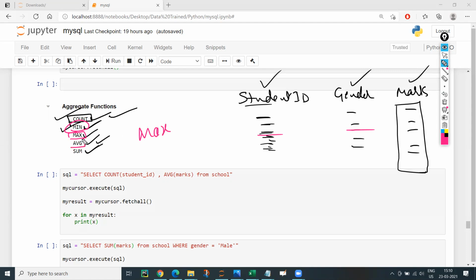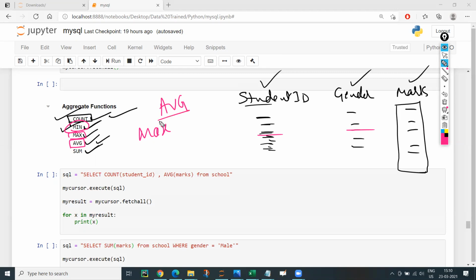Same thing with average. When I say average, basically I want to know, in our college, what is the average mark, the average marks of college XYZ. In that case, yes, I will be able to use average.